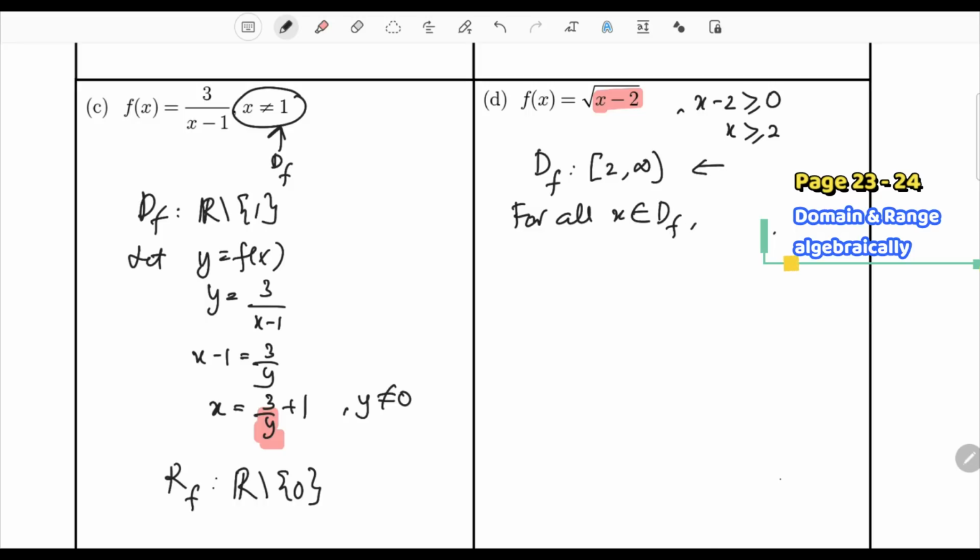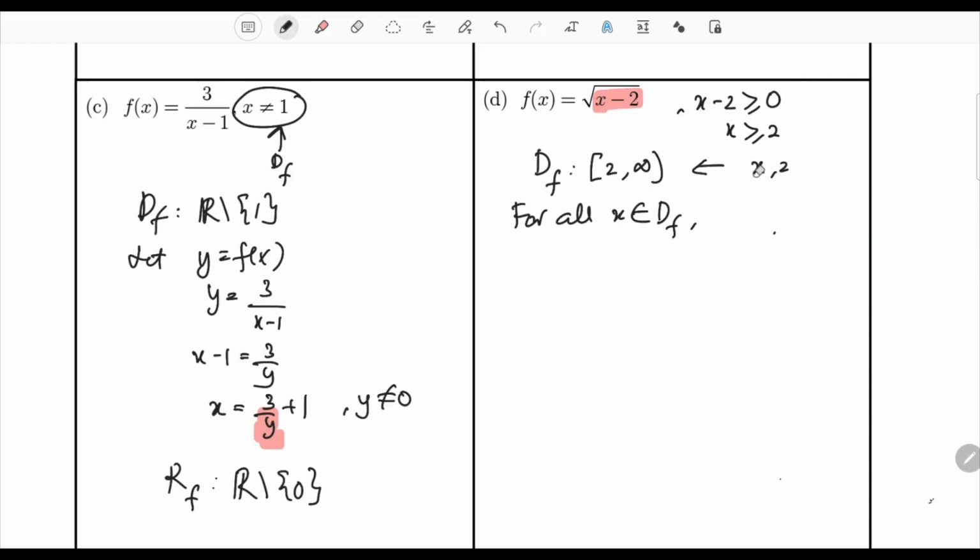If the domain is 2 to infinity, meaning x will be 2, 3, 4, 5, etc., and you substitute into the equation, if x is 2 you get y to be 0, if 3 you get 1, if 4 you get square root of 2, etc. So y will be elements of 0 to infinity. So this is number 1.